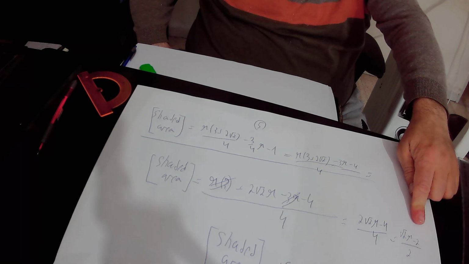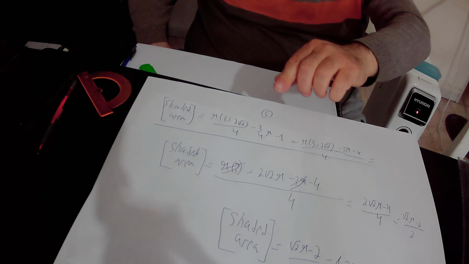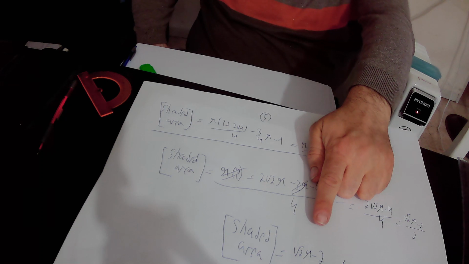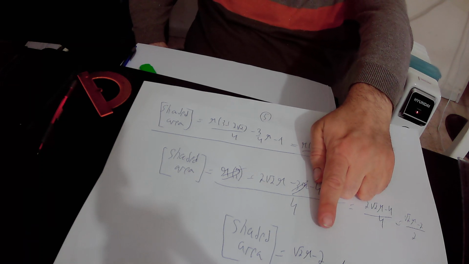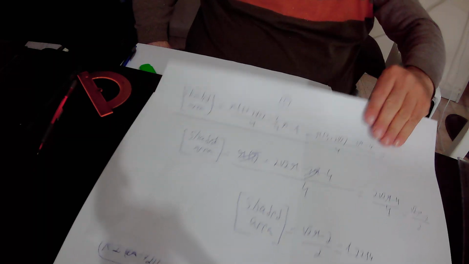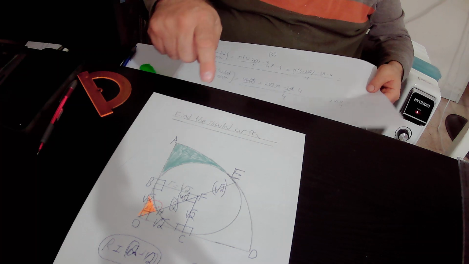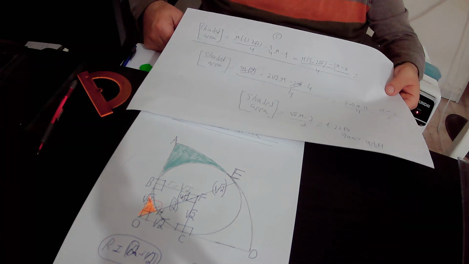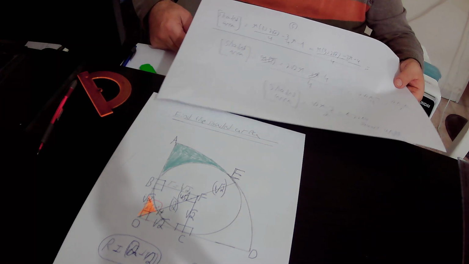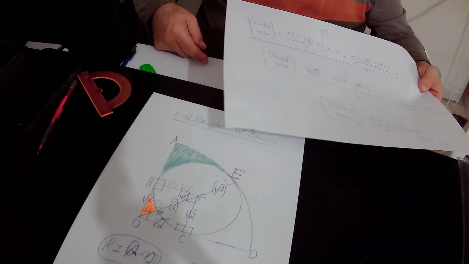So in conclusion, we found out that the value of the shaded area equals square root of 2 times pi minus 2 over 2 square units in size, or in terms of numbers, the value of this shaded area equals 1.2214 square units. Okay, thank you very much.